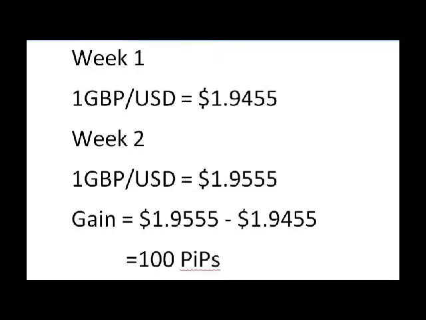Now let's say pound US was 1.9455 and it went to 1.9555.